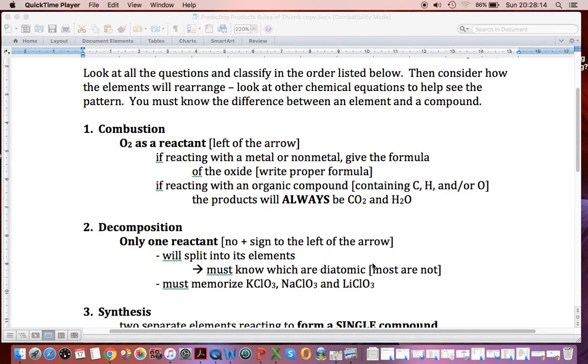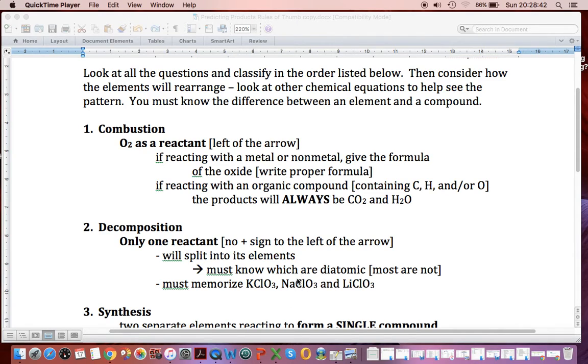And you've got to be careful, got to remember the diatomics if they are at the back end of the compound, things like chlorine. But you have to memorize how KClO3 and NaClO3 and LiClO3 break apart. They are a special case, and in the next video, we're going to give you one example, and you're going to see that KClO3 would split into KCl plus O2.